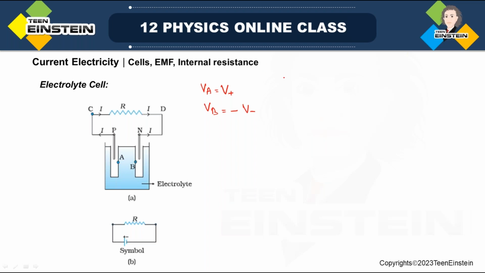It will be V plus minus V minus. So this is the potential difference between the points A and B.